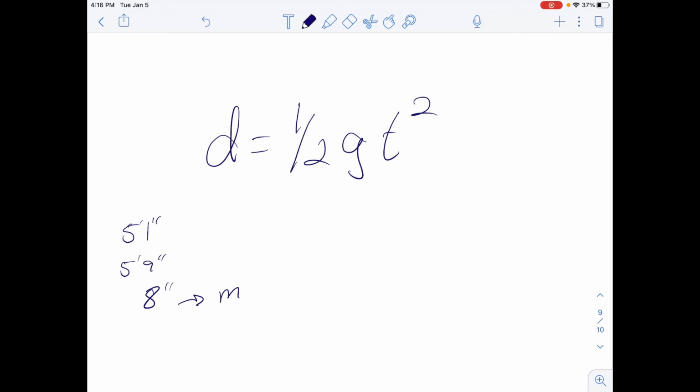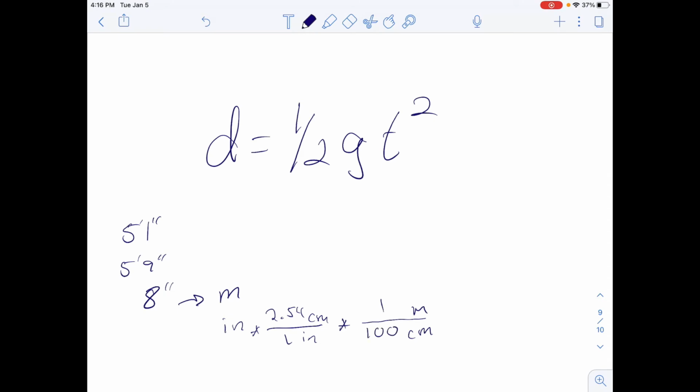Therefore, you'll have to convert inches, and sometimes it's better to convert into centimeters, and then convert that into meters.